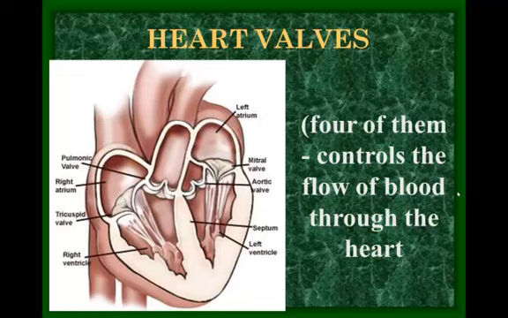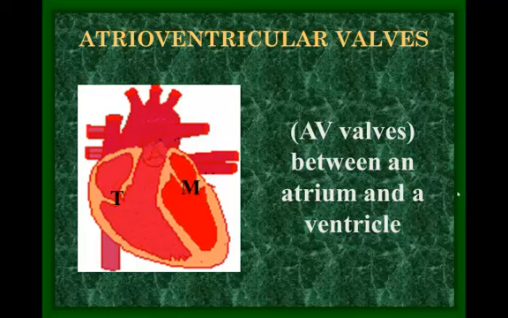So there are 4 valves in our heart controlling the flow of blood through our heart. The top 2, which are illustrated there with the T and the M because that's their names, are commonly referred to collectively as AV valves. Now look at what the AV stands for because you need to know that.